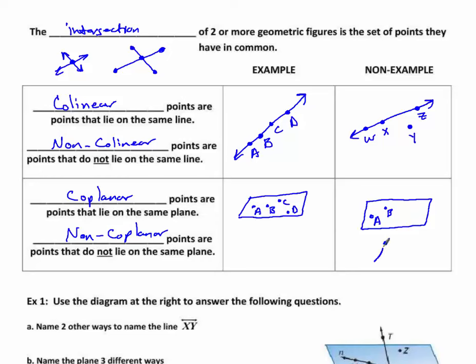But one thing you might see is a line like this, and that's kind of trying to illustrate that this line goes through the plane, so it intersects it there, but the point down here, point C, is not in the plane, so it's non-coplanar.